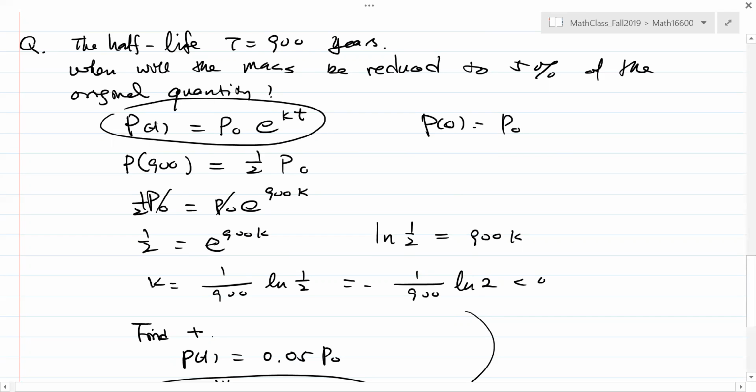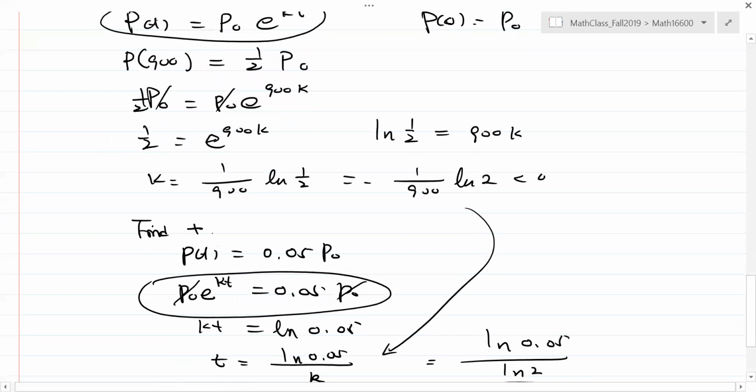Otherwise you can shorten the steps. Then you have to say, I'm going to find a time t such that P of t equals 0.05 P. That's it. Then you solve it. Any question?